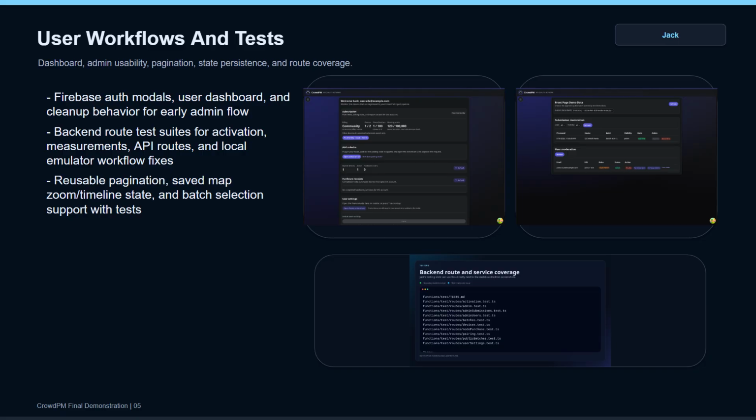I also worked on local emulator workflow fixes, saved device IDs for faster local ingest testing, and fixed privacy-related batch fetch issues. In spring, I added reusable pagination for the dashboard and moderation lists, saved map zoom and timeline state per user, and added front-end/back-end support and tests around batch selection.